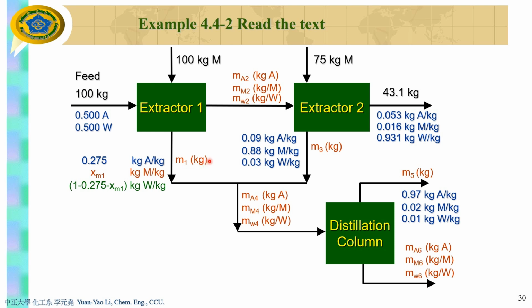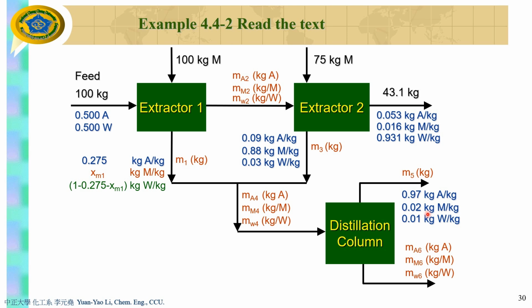Okay? So after that, you finish step 4, and now you need to do step 5. Remember step 4, step 5, DOF. Can you get the answer of all these unknown variables?